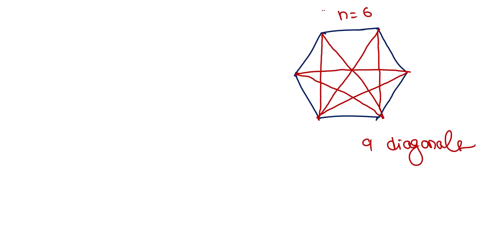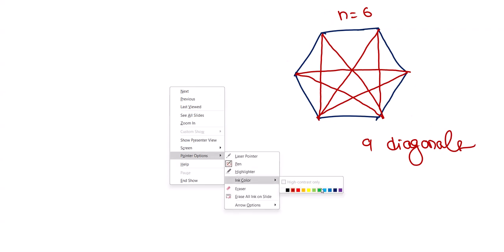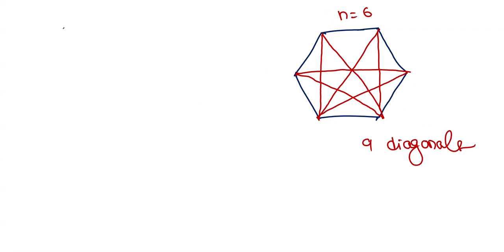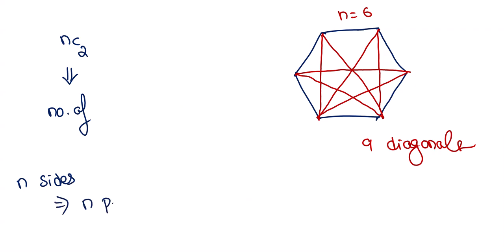Actually, what does nC2 represent? The number of straight lines. Guys, for straight lines, nC2 is nothing but the number of straight lines. When you have n sides, you get n points also. You can observe this is a point. Joining 2 points, we get a straight line, right? So we have 6 points. Join 2, we get a straight line.